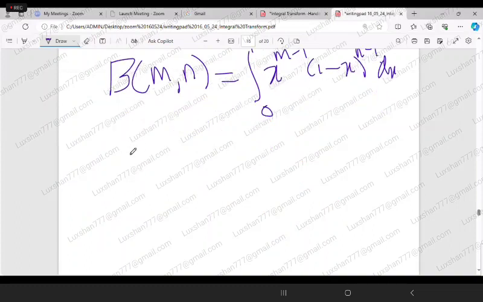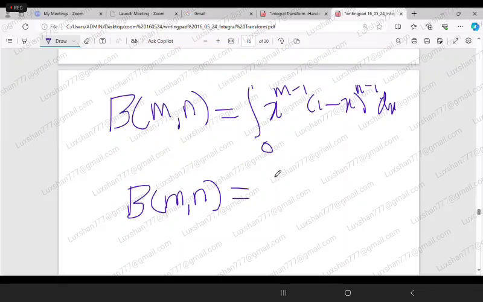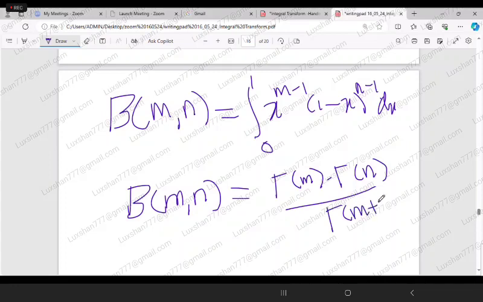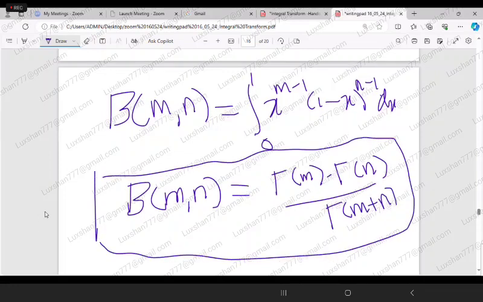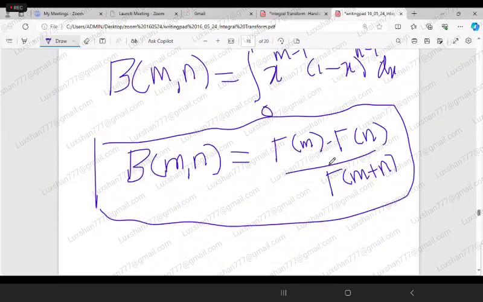Now we want to show that beta(m, n) equals gamma m into gamma n over gamma of m plus n. So this is the relationship between the beta function and the gamma function. We can derive this relationship using the convolution theorem of the Laplace transform.